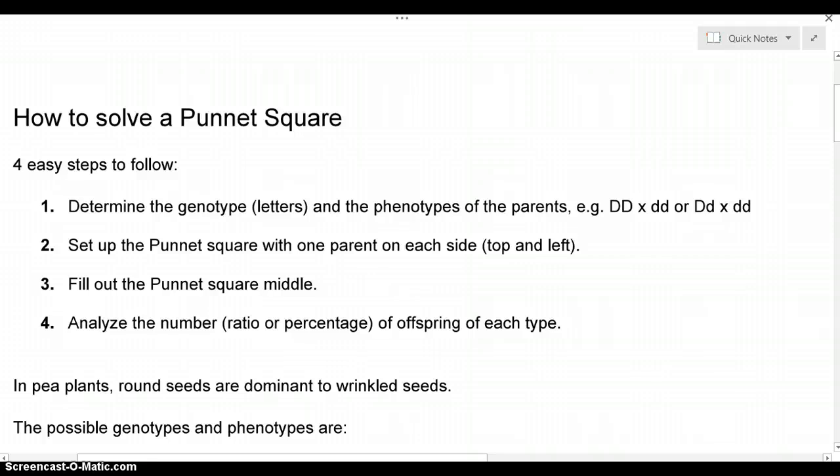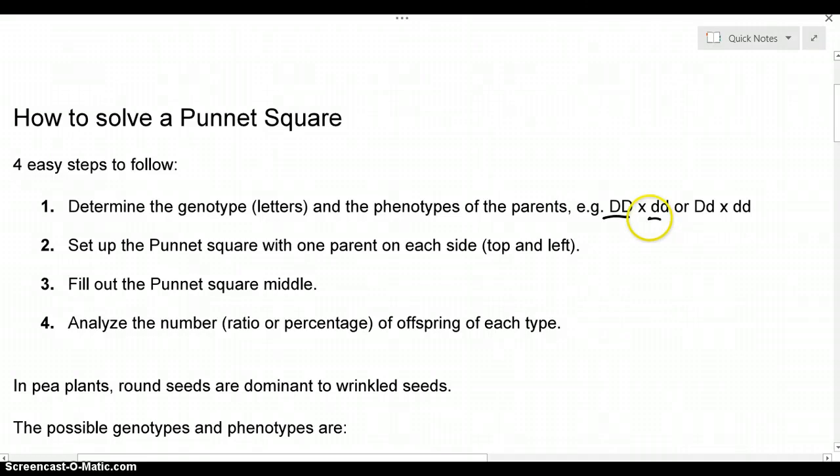If we look at the example here, for instance, two capital D's means that the parent is homozygous because of the 2 identical alleles being present, and dominant because of the 2 capital D's for that specific trait.